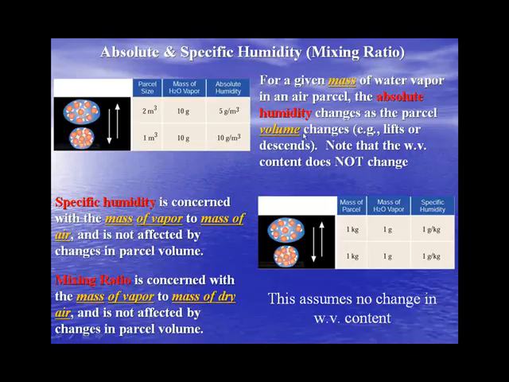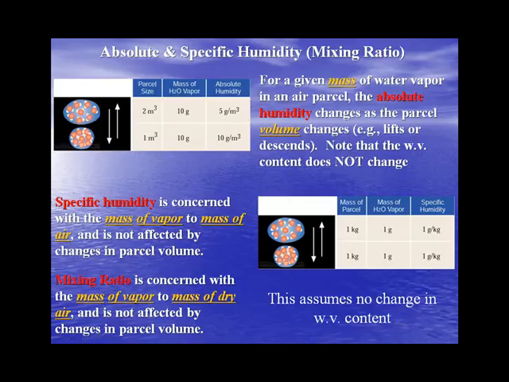In other words, the density of that particular air parcel. And so, for this air parcel here, if we take 10 grams divided by 2 meters cubed, we get 5 grams per meter cubed. In other words, in this air parcel, the density of water vapor is 5 grams for every meter cubed of this particular air parcel.